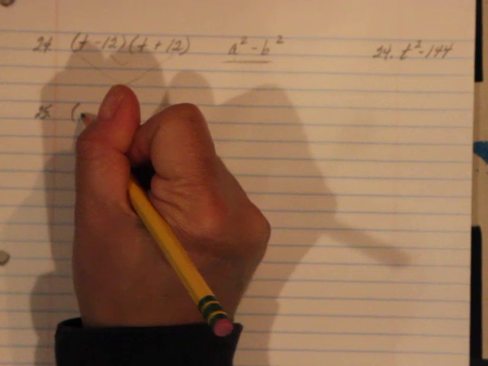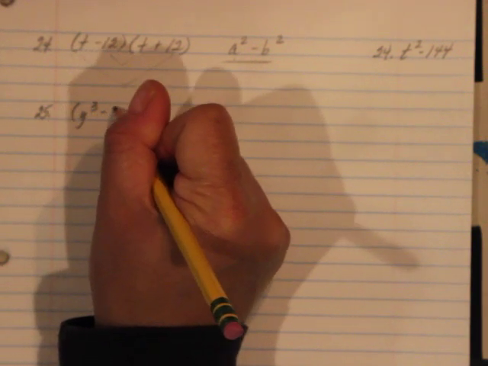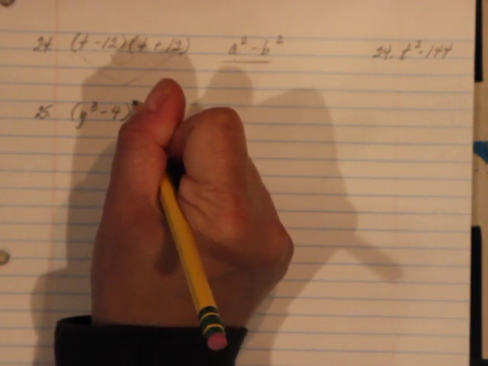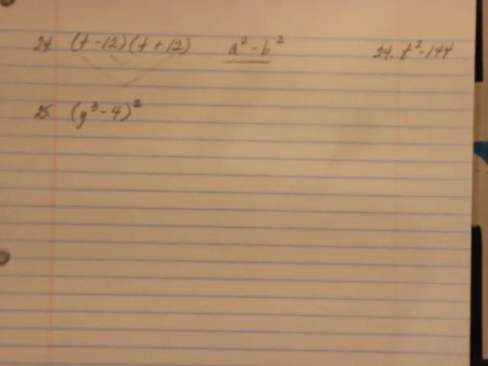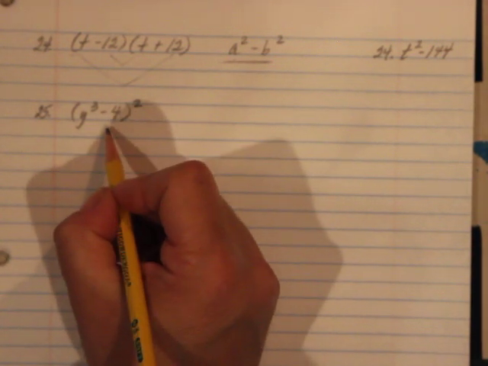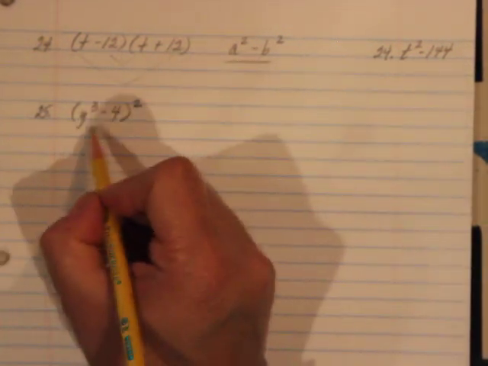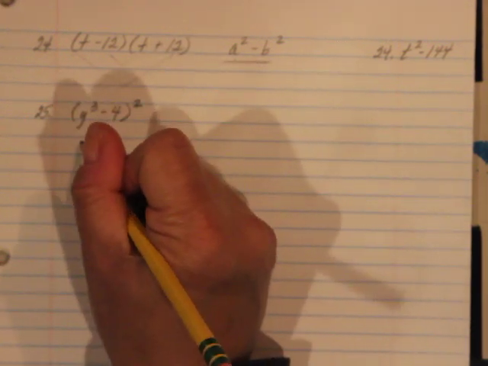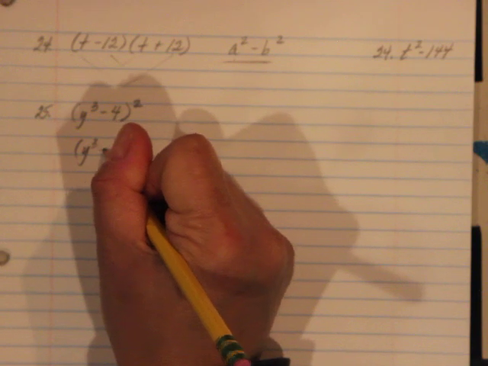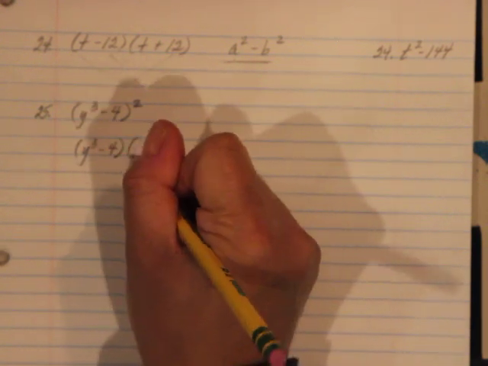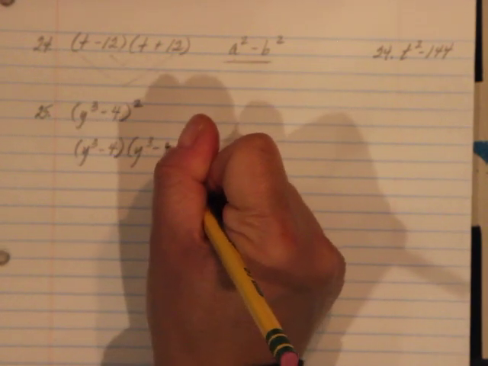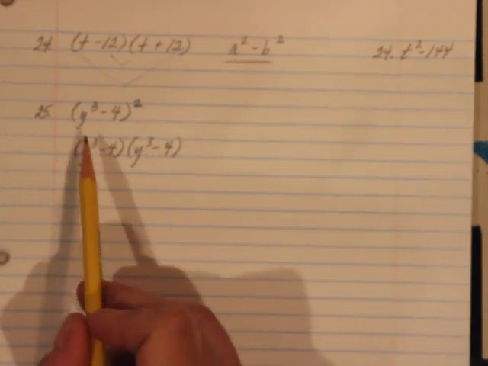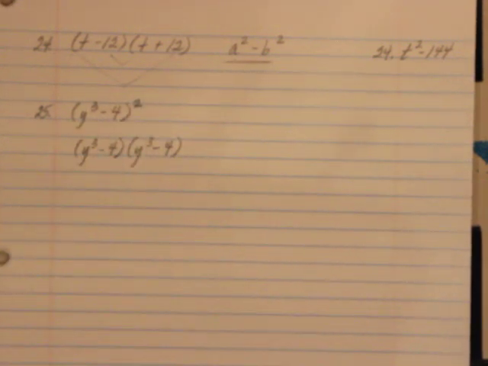Okay, here we go with y cubed minus 4, squared. Okay, y cubed minus 4 squared. So if I was going to write this out, I've got two binomials here, y cubed minus 4 times y cubed minus 4, because it's this whole term multiplied by itself.